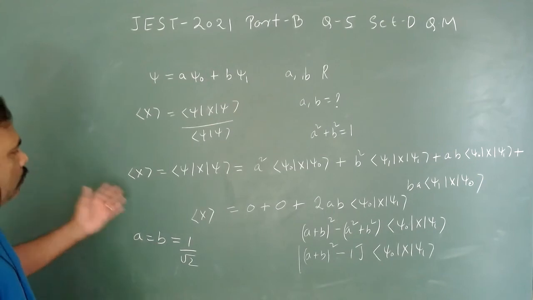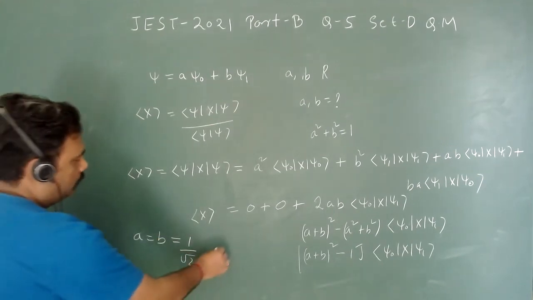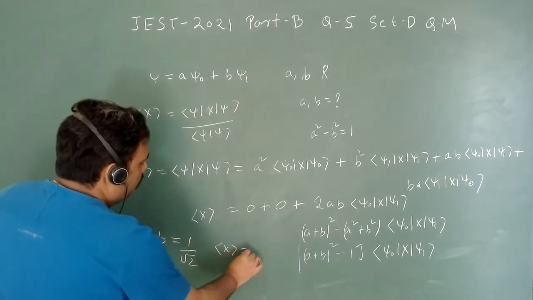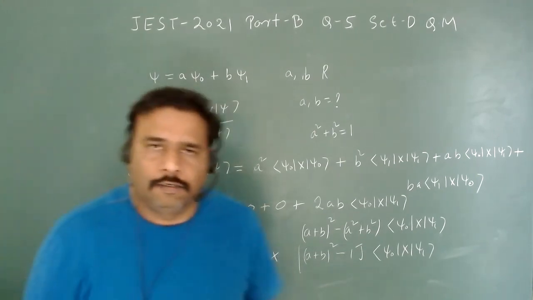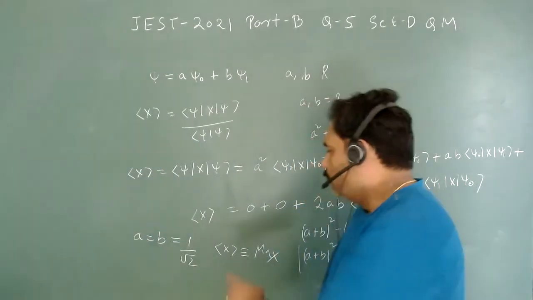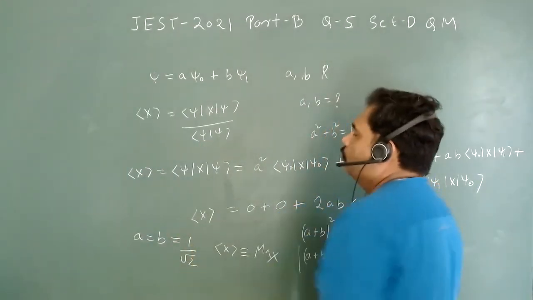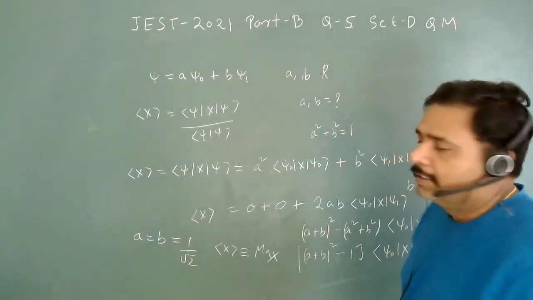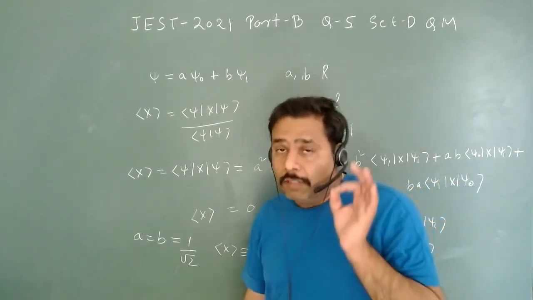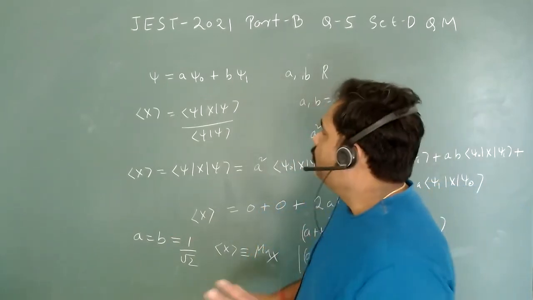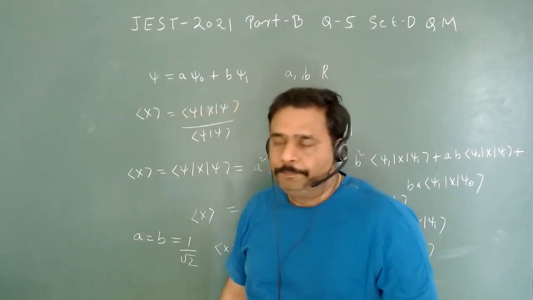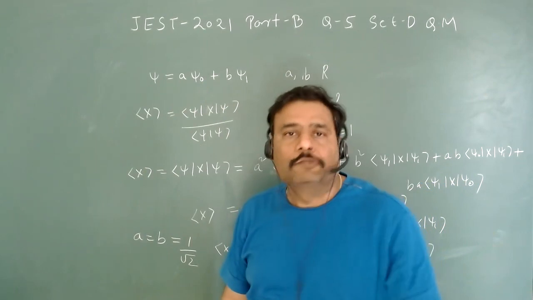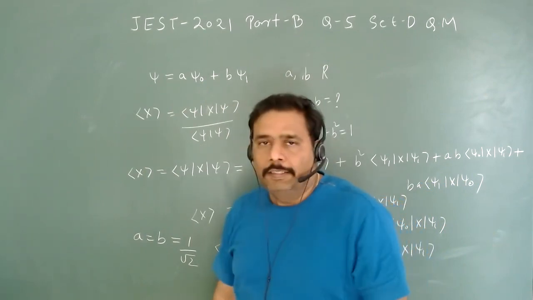Then the expectation value of X reaches its maximum, because the other options are not giving the maximum value. Only A equal to B equal to 1 by root 2 gives the maximum value. But you have to take care that these two should be real numbers. If they are not real numbers, the story can be different. Okay, thank you.